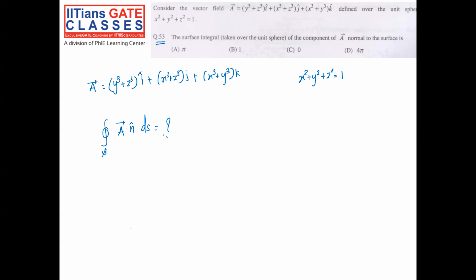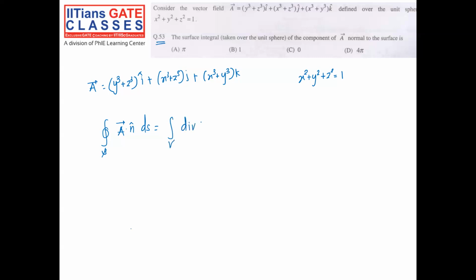We got a sphere which is a closed surface. The meaning of closed surface is it should not have edges, and a sphere doesn't have any edges, hence it's a closed surface.